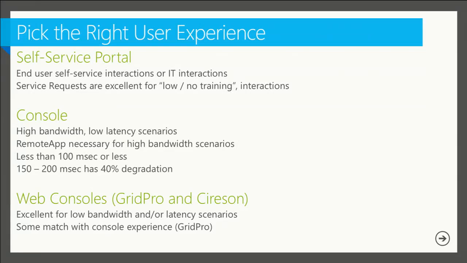I've found that using products like GridPro or Cyerson stuff, the web UIs, are much better experiences for my web-based users who are using a console remotely around a geographically dispersed implementation. I have some customers where they're using, for example, GridPro, and they've got people over in Europe, they've got people over in Asia. They're accessing a service manager instance in the United States, and they're having a very good experience with it. So that's something I would consider is, in addition to remote app options, using one of these web consoles for those kinds of users.